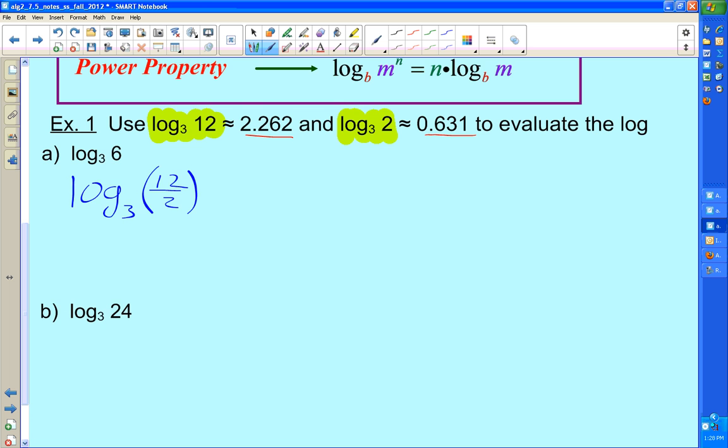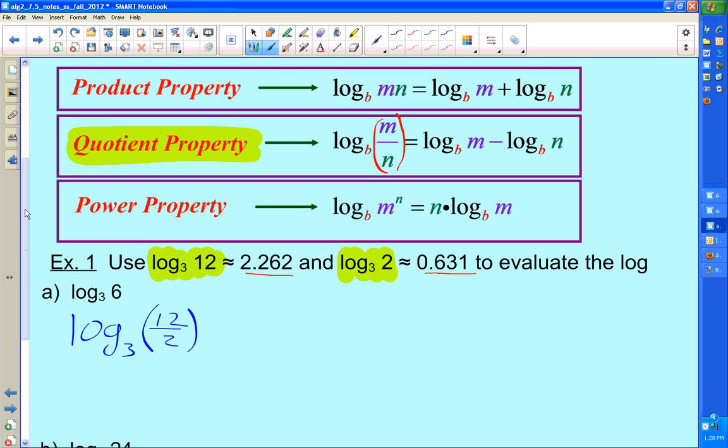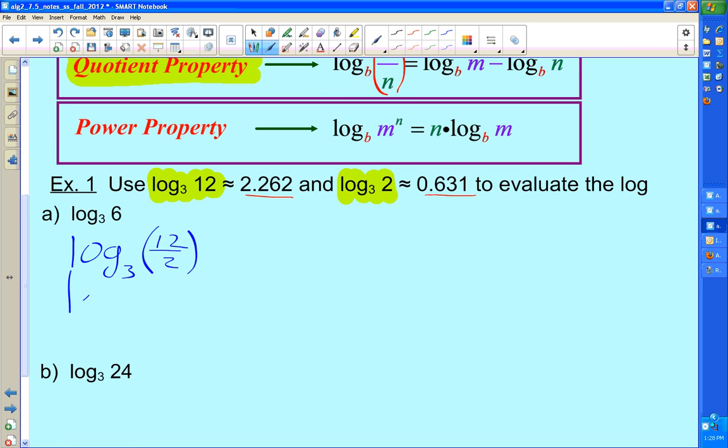We have log base 3 of 12 divided by 2. If you bear with me, I'll go back and answer that question. Log base 3 of 12 minus log base 3 of 2.